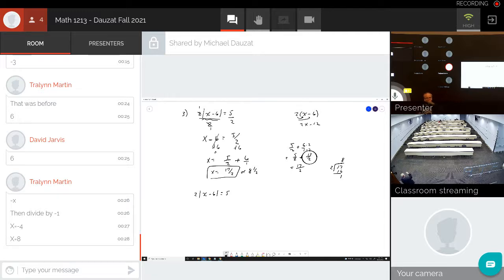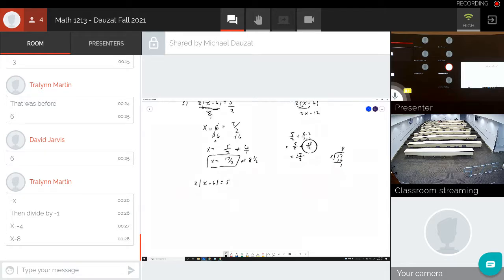Positive. All right, since it's positive, if you do distribute, let's see what happens. If I distribute, I get the absolute value of 2x minus 12, right? Y'all agree? 2 times x is 2x, 2 times -6 is -12. Okay, equal 5. Now let's break it apart.